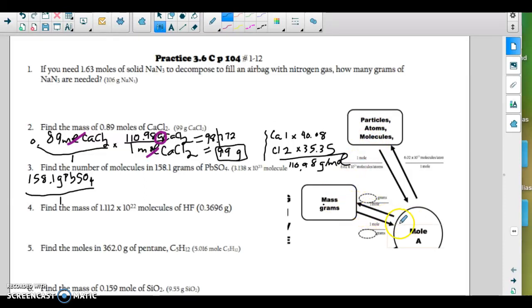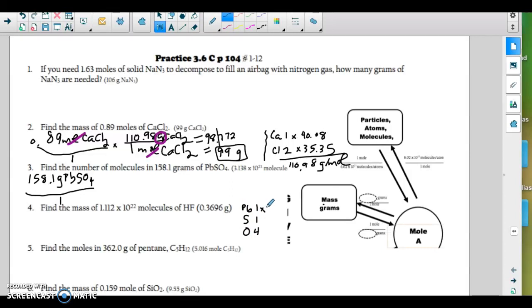So to do this part of it, though, again, I'm going to need molar mass down here. So I'm going to calculate that. I'm running out of room. I'll do it down here. So lead, sulfur, and oxygen. So I have 1, 1, and 4.